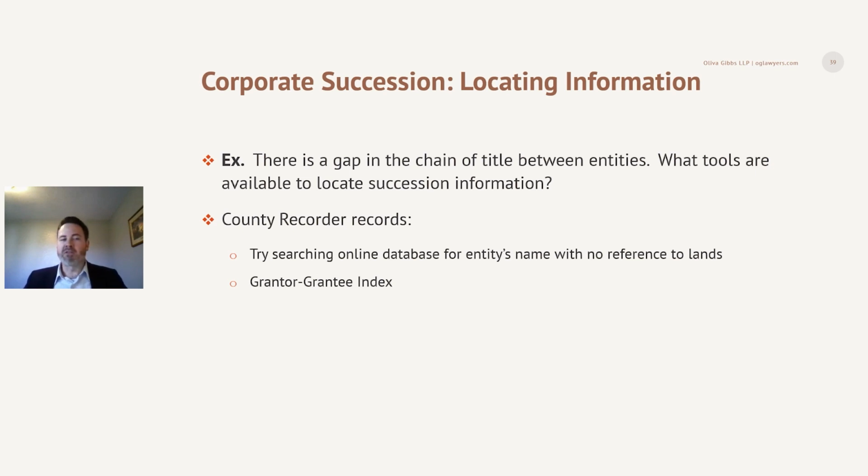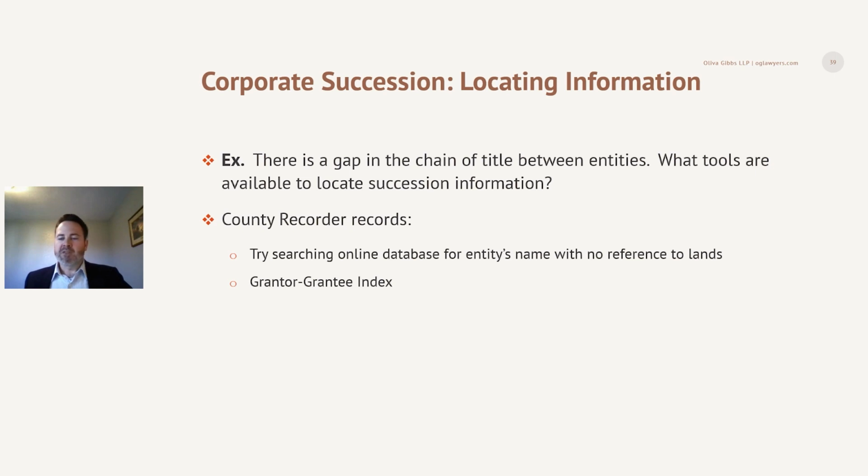It could be certificates of merger. Searching those databases is very helpful. So if your first search isn't successful, try broadening your search using less specificity. If there are several words as part of the entity's name, leave off one, cast a bigger net, see if you can find anything. The next option also relates to the county recorder's records.